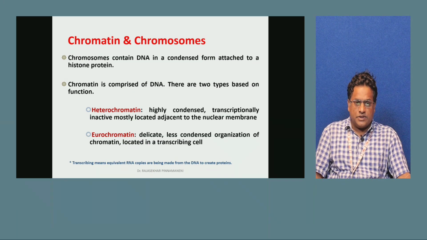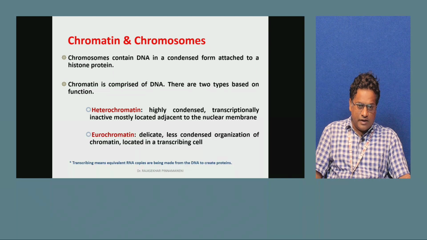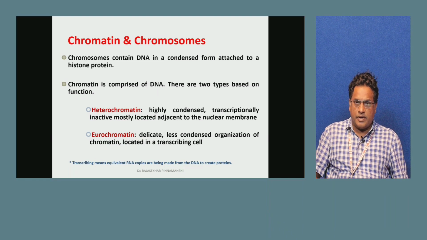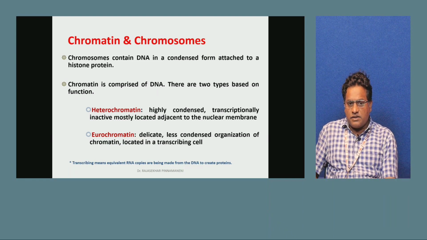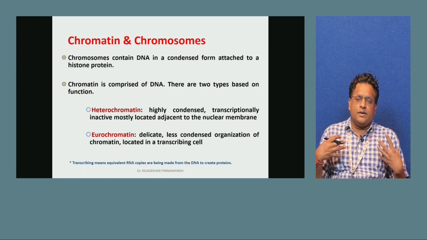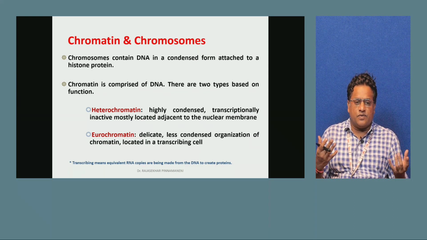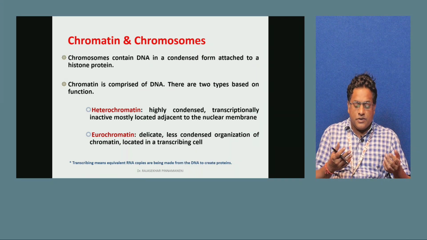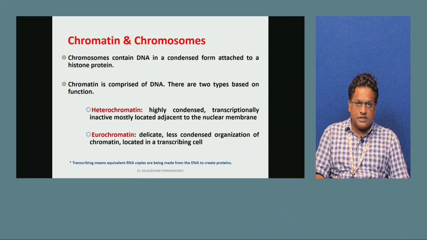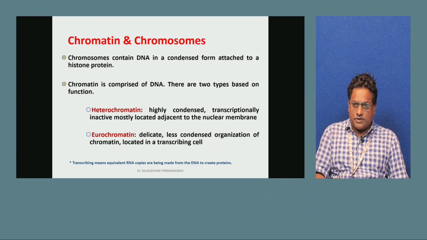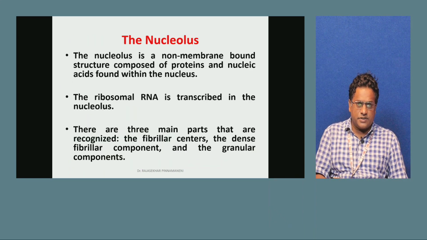There are some regions of the chromatin where the DNA and proteins are highly dense, called heterochromatin, and other regions called euchromatin. They each have their own importance for expression. In euchromatic regions the DNA is highly expressed, and the heterochromatic region is highly conserved and doesn't express much. So it has some clinical implications.